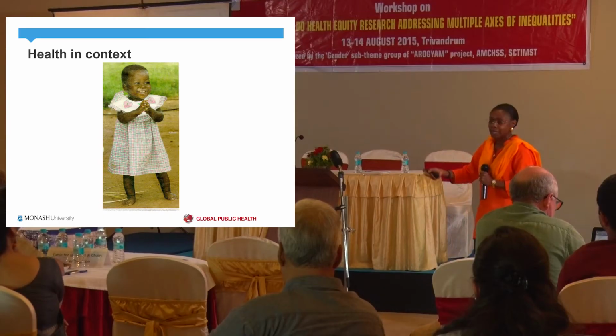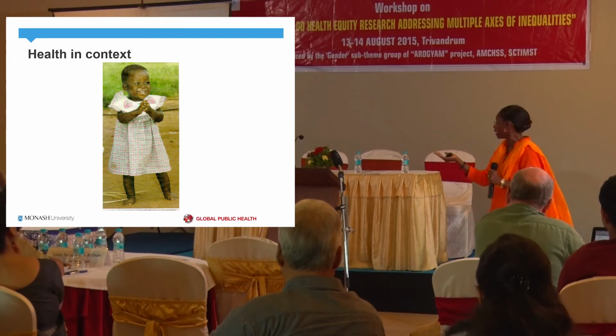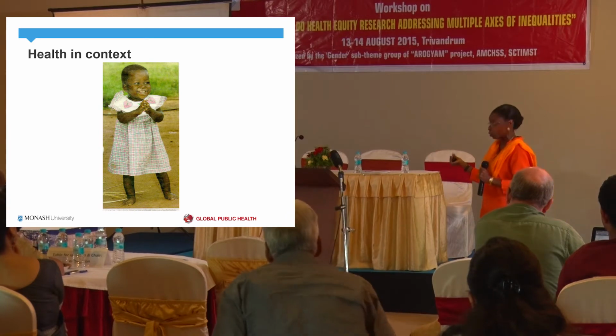So the whole example of the specific research is focused around the notion of health, which we thought was a generic one that everybody gets, and everybody has a sense of what health is supposed to be. This would be a photograph of a classically happy-looking 18-month-old girl.